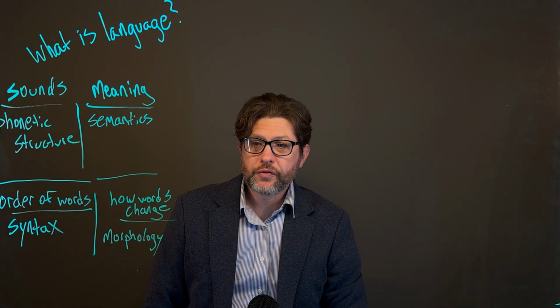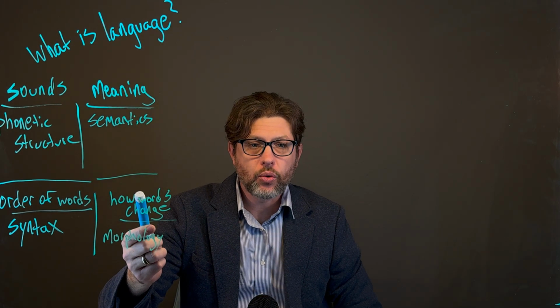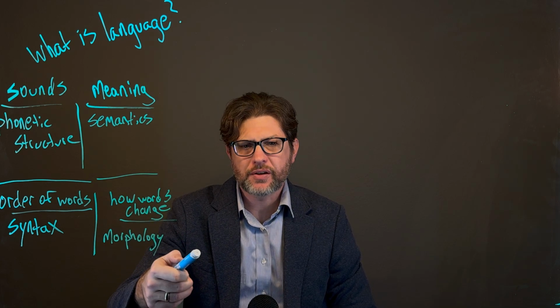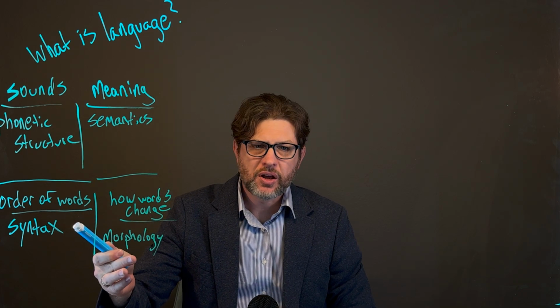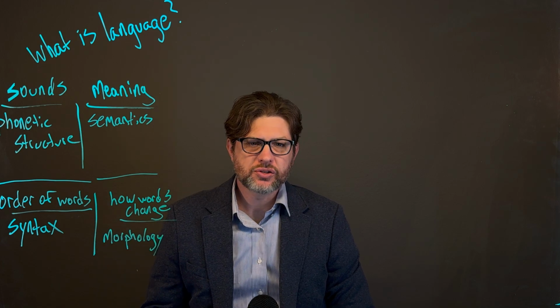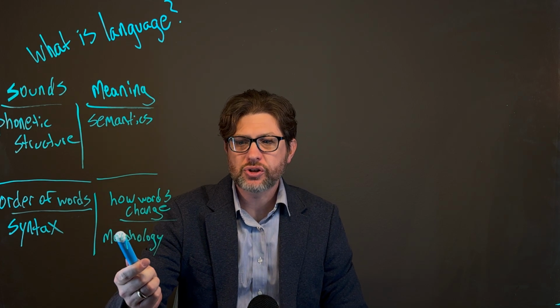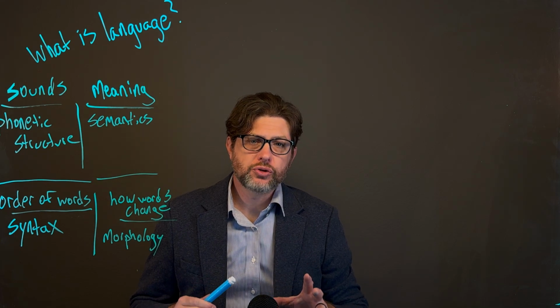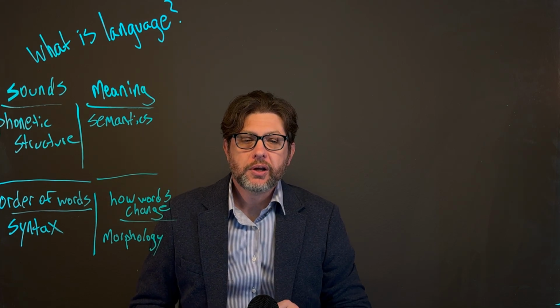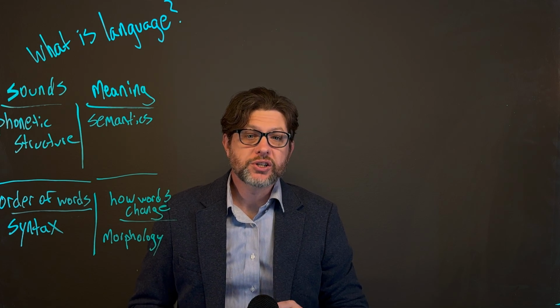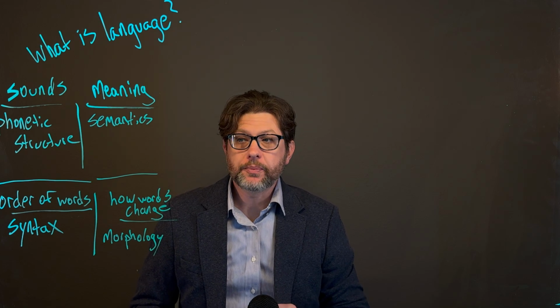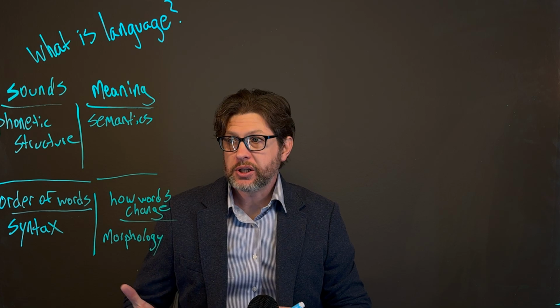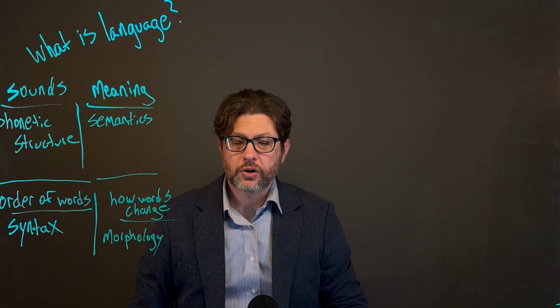And finally, the fourth category is when you look at how words change, whether you're adding suffixes or prefixes, or maybe there are conjugations in certain verbs for certain languages. You're going to be looking at the morphology. So if a linguist were to answer the question of what is language, they could say a language has sounds, which is the phonetic structure.